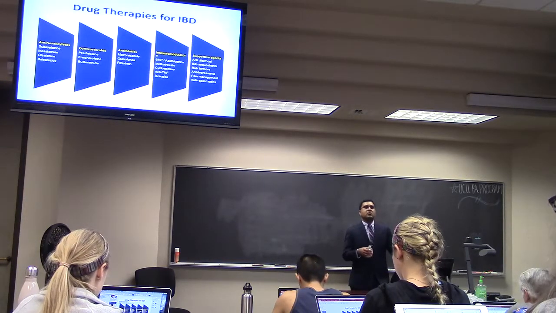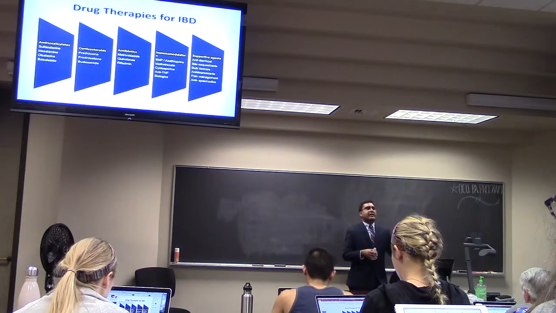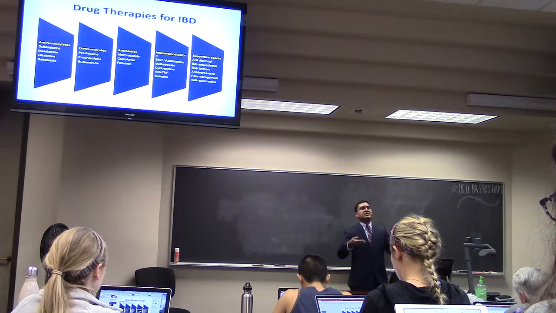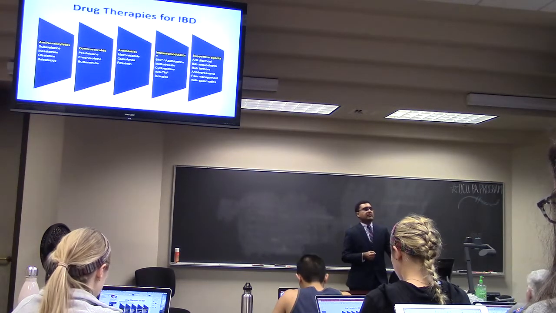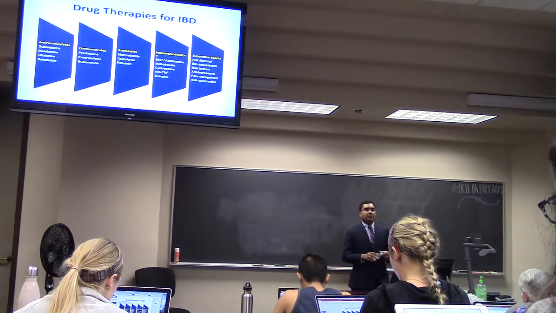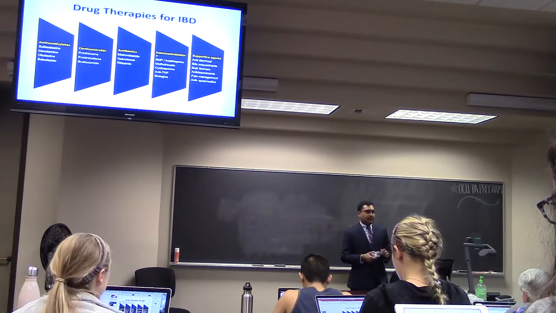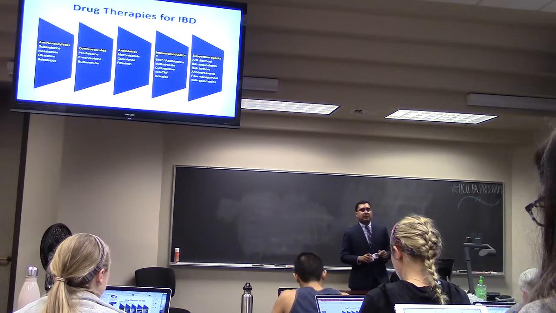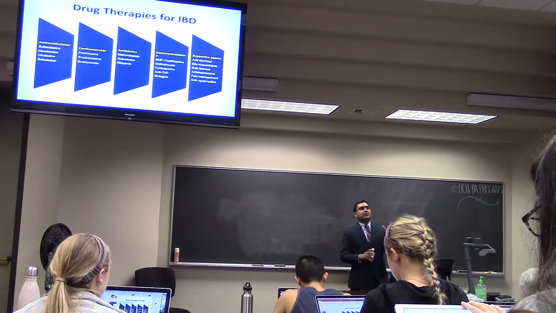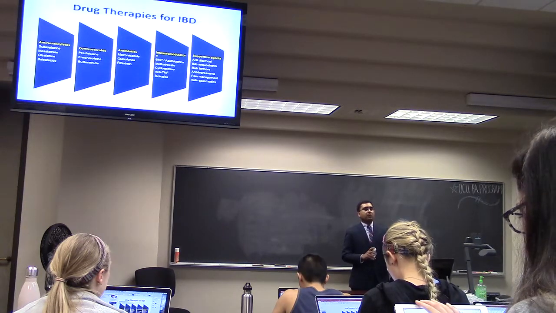Mainstream medications are immune modulators that dampen your immune system, because your immune system is hyperactive in Crohn's disease and ulcerative colitis. Such as mercaptopurine, azathioprine, methotrexate, anti-TNF drugs, and now we even have more than anti-TNF drugs. We have gut-specific immune blockers.